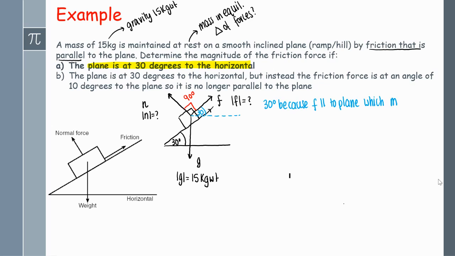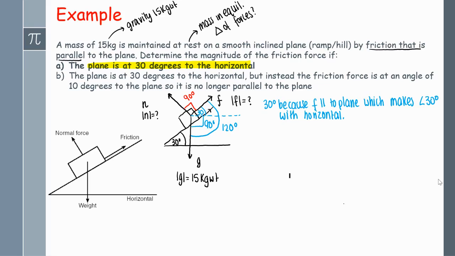And then notice that the horizontal and gravity, as gravity is vertically down, will have an angle of 90 degrees here. In this way, I can find the angle between my friction force and my gravity force. Altogether, we see that this angle will be 30 plus 90, which is 120 degrees.